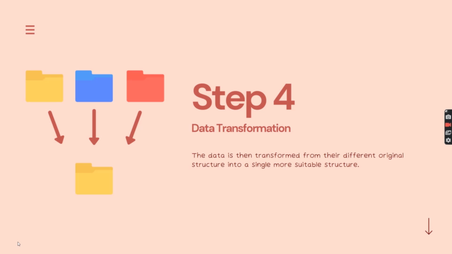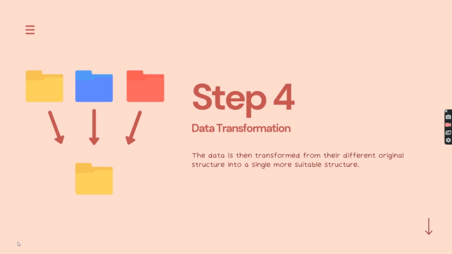The fourth step would be data transformation. The data is then transformed from their different original structures into one more suitable single structure. To make it simple, think of it like this. In your computer, all your papers are kept in a single folder, but their file types are different.